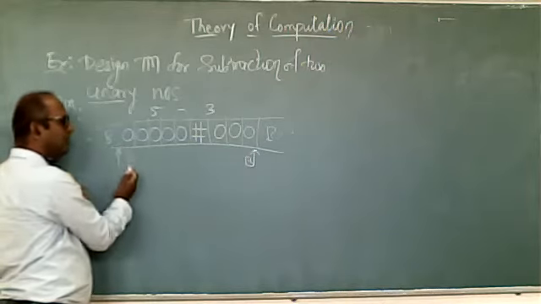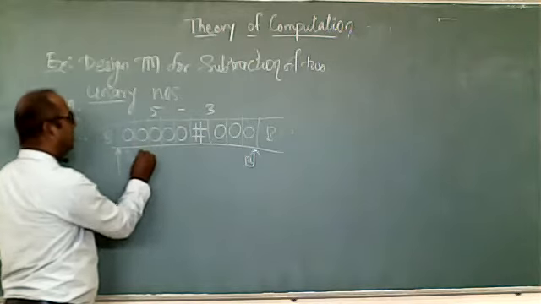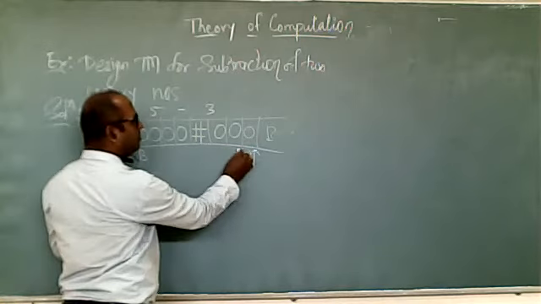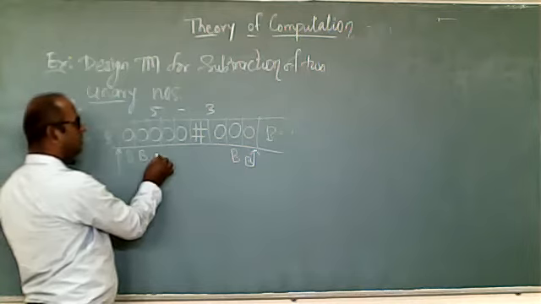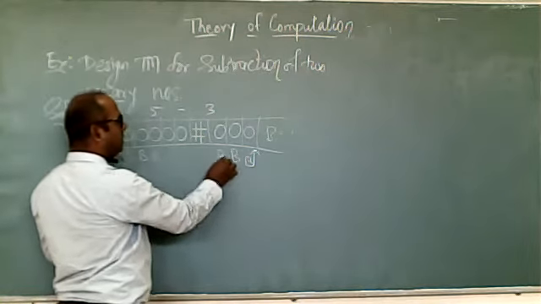When we get this blank, keep it as it is and change the direction to right. Again repeat the same process: make the leftmost 0 a blank, go to the rightmost 0 and make it a blank.